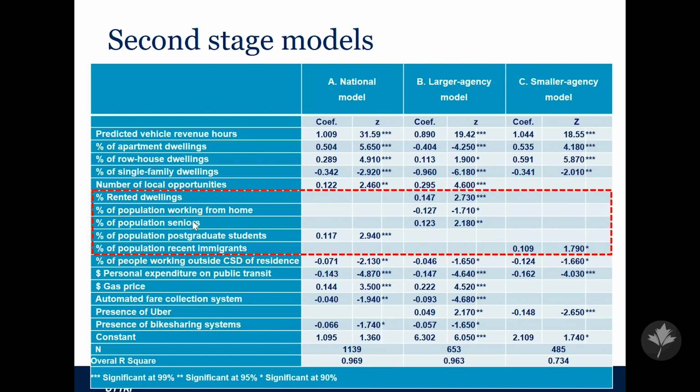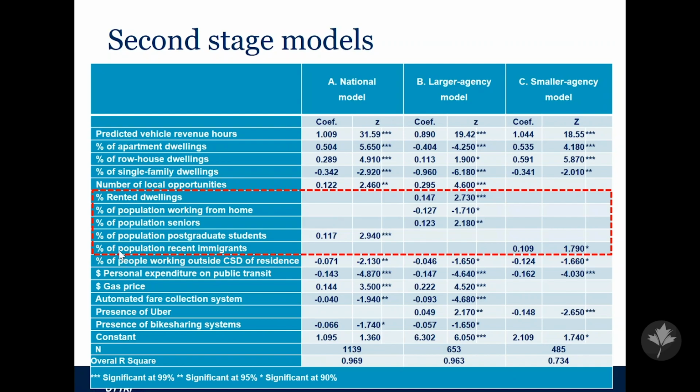Similarly, some socioeconomic factors like population, percent of population seniors, were shown in large agency models: the higher the percentage of seniors in the population, the higher the transit ridership. Many of those would use transit.